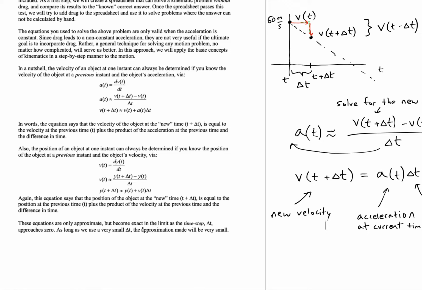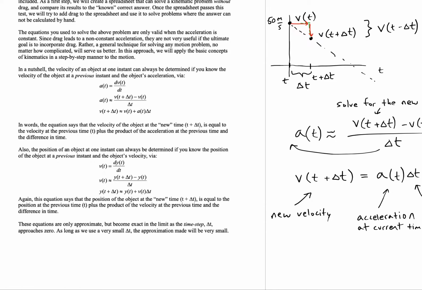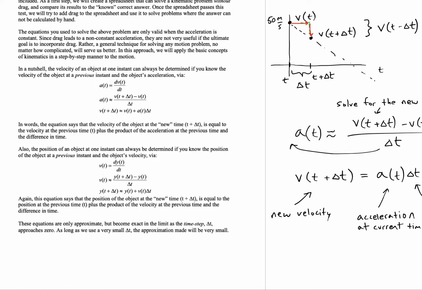They would become exact if the limit of delta t were to become 0. However, we won't do that in our spreadsheet, of course. We'll come up with some real delta t which is small, and if it's very small, then it can be a really good approximation of the true velocity and the true position of the object.